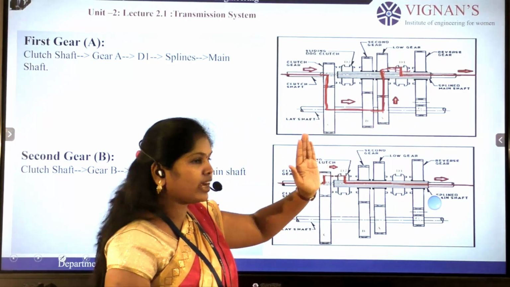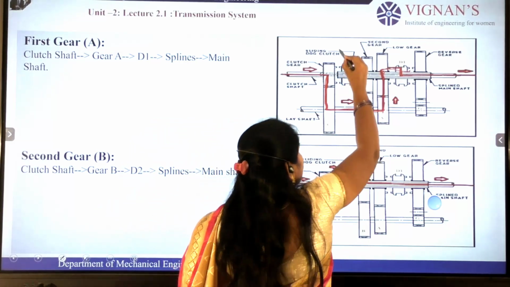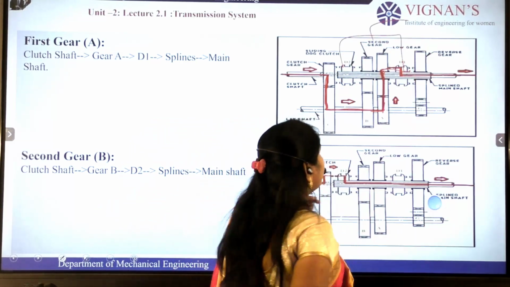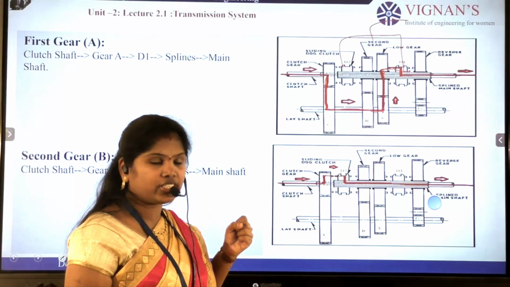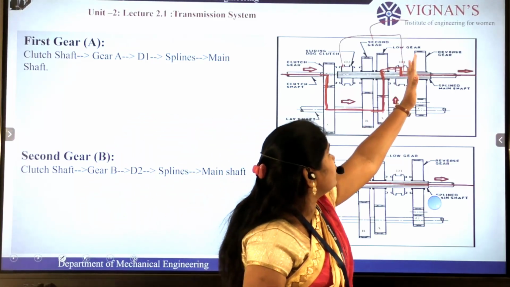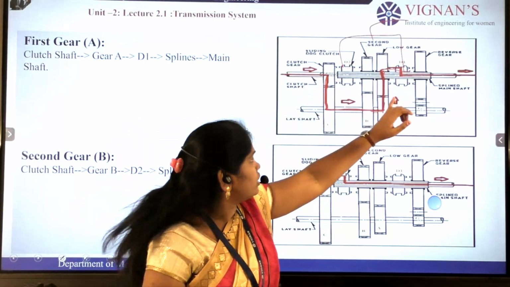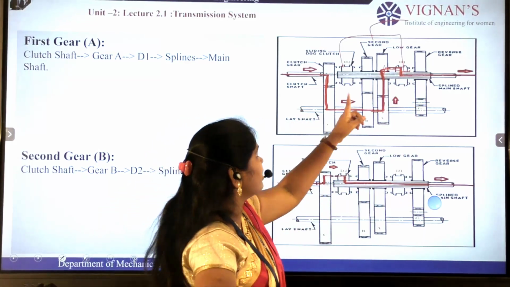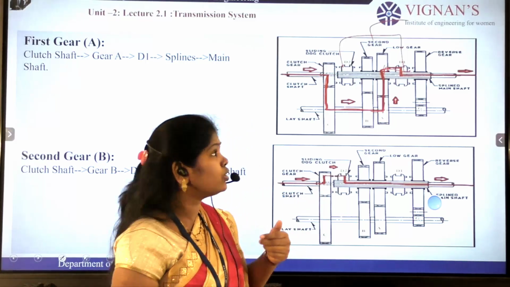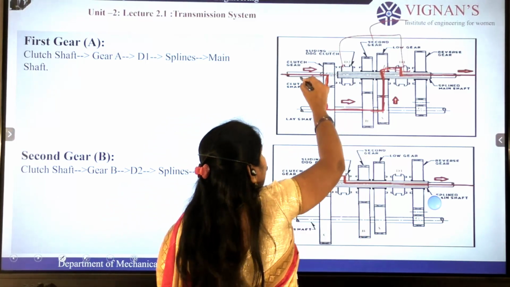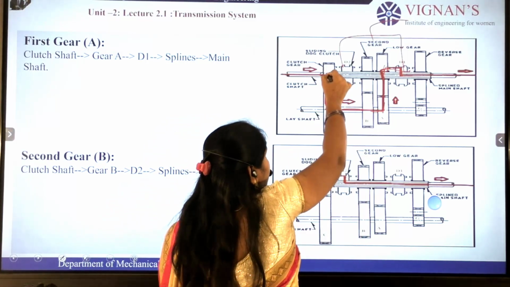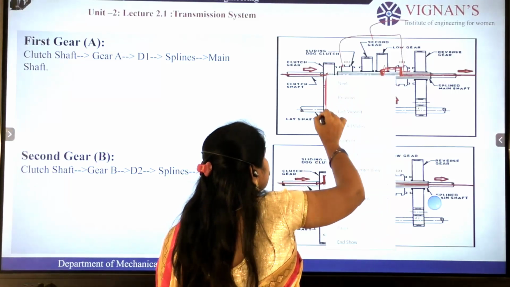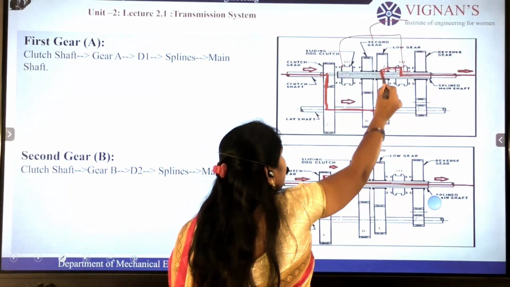This dog clutch will engage. The gear rod is attached here. When we move the gear rod to the first gear, the driver should move the dog clutch to the left side. So this dog clutch will engage with this gear, and the first gear will apply. The power is transferred from the clutch shaft gear to the lay shaft gear, then to the main shaft gear.